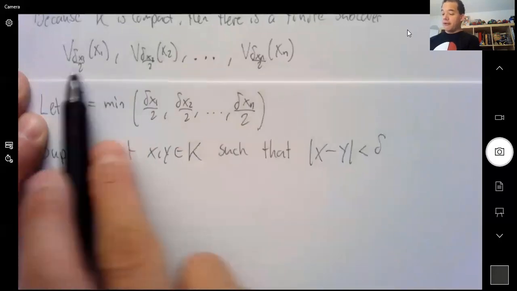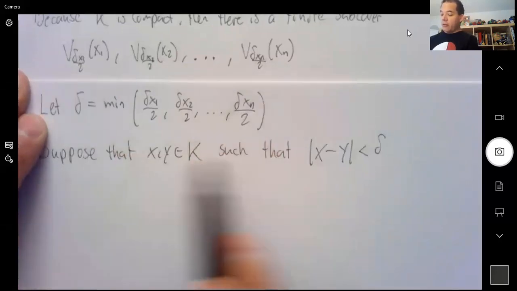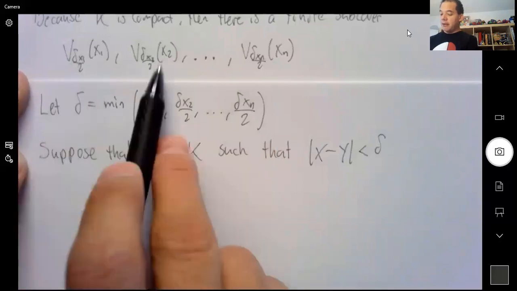This is a cover of K, and x is one element in K. So that means x must belong to one of these.